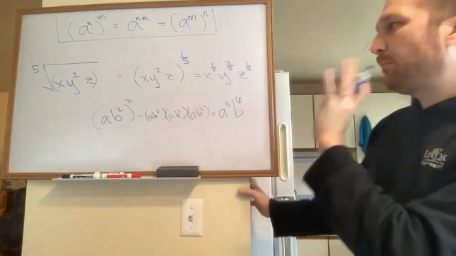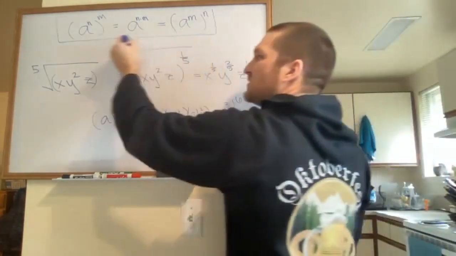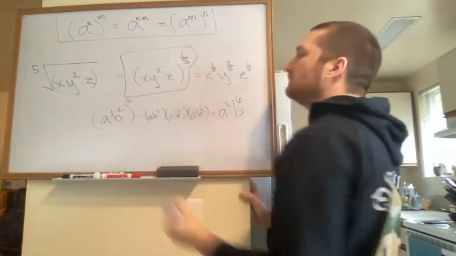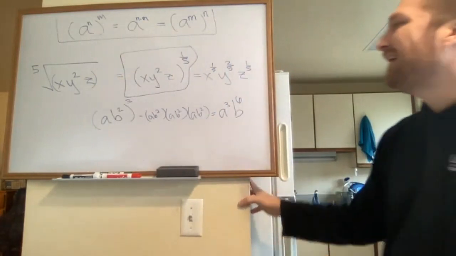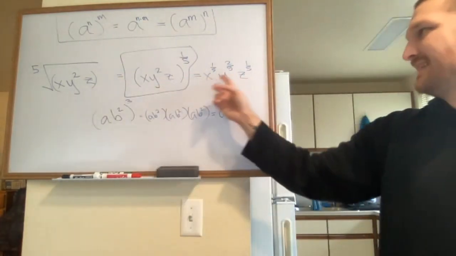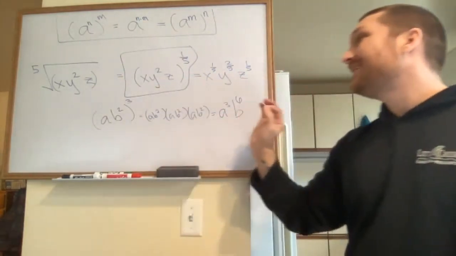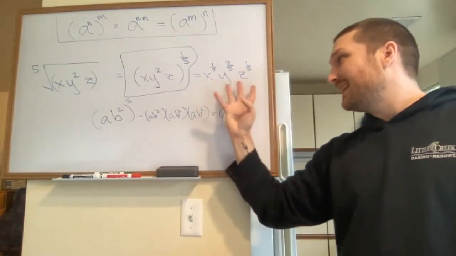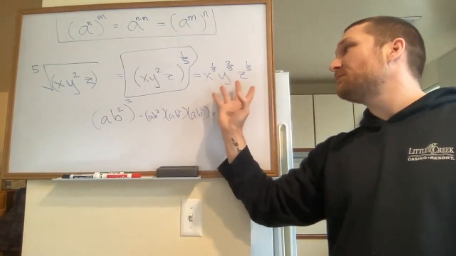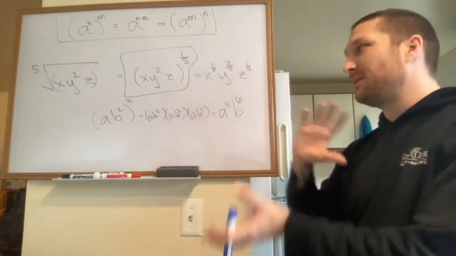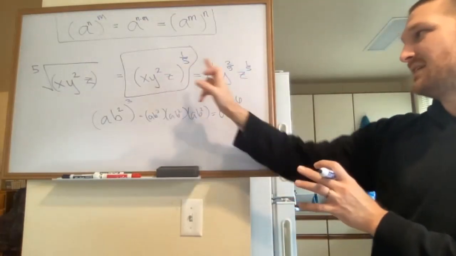And I think in your book, what it's looking for is this right here. Okay, but it is true that this is the case. And I could tell you that when we do logarithms, this will be much better to think about. Like we want to be able to translate between this and this.